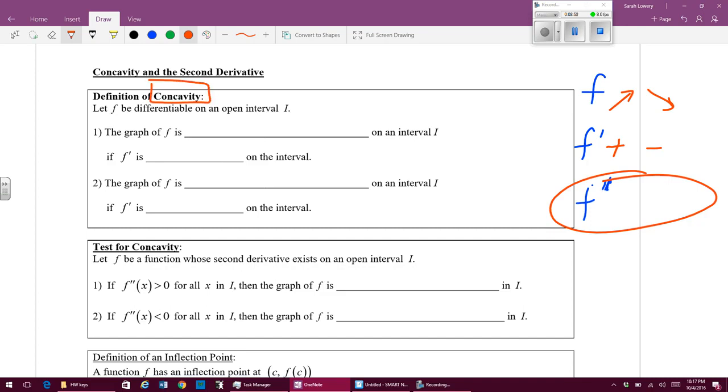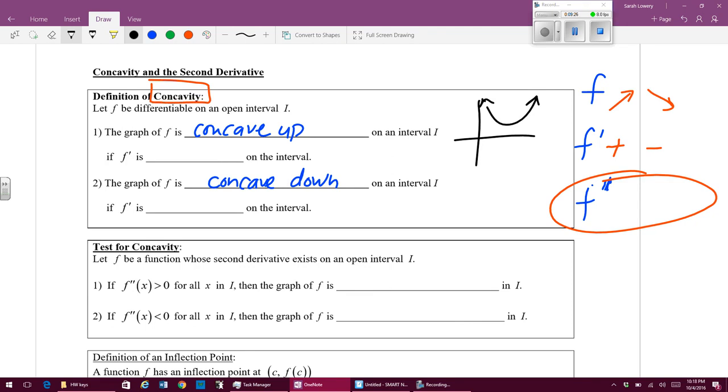Concavity. And we describe concavity in 2 ways. We can either say that something is concave up or something is concave down. Now, the way that my teacher in high school described this to me was that if something is concave up, we're talking about concave up like a cup.